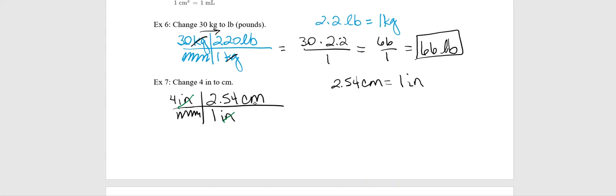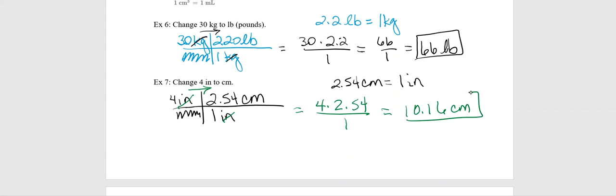I'm in my centimeters, so I'm ready to go ahead and do the multiplication. 4 times 2.54, the bottom is a 1. This one I'm not doing in my head, so I'm going to grab my calculator. 4 times 2.54, 10.16, and my unit is centimeters.